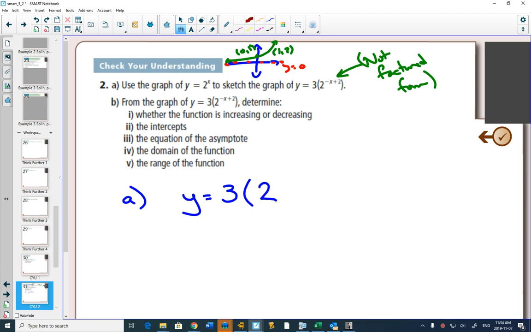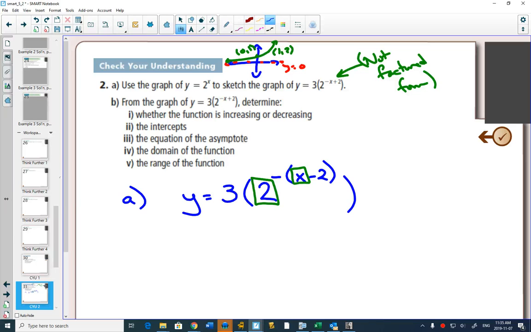So you might be very tempted to say horizontal reflection and move 2 to the left, but when we write it in factored form, factor out the negative, it's actually a translation of 2 to the right. I'm going to put a box around the 2 and a box around the x to say that's my parent function.